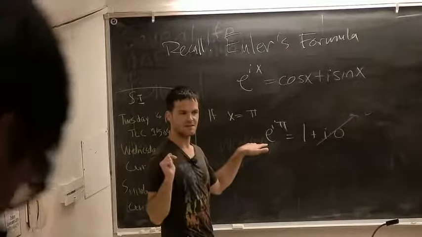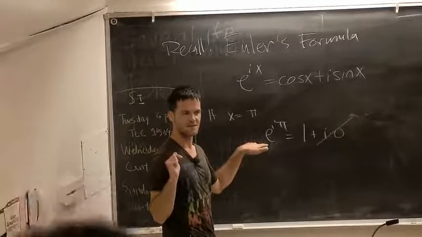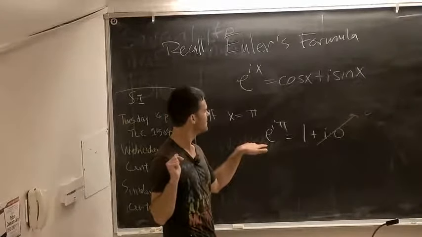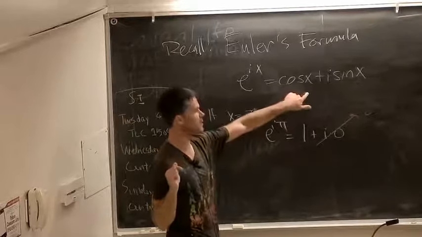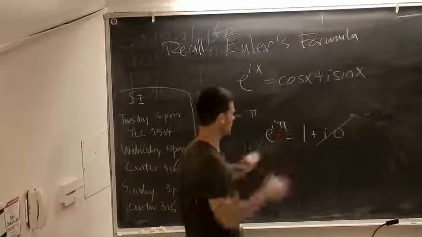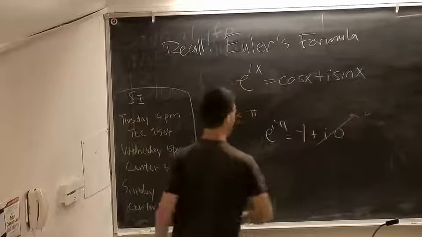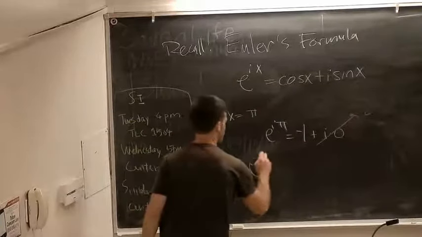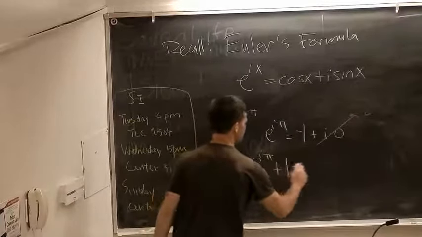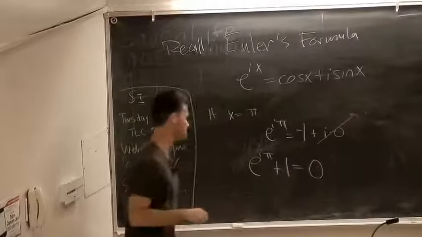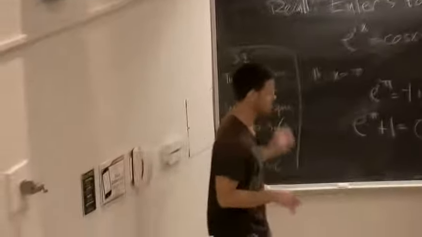Anyone see it? Cosine of pi is -1. There's a negative sign right here. So if you move the 1 to the other side, you can write this as e^(iπ) + 1 = 0, which is cool because it combines all the different constants into one equation.